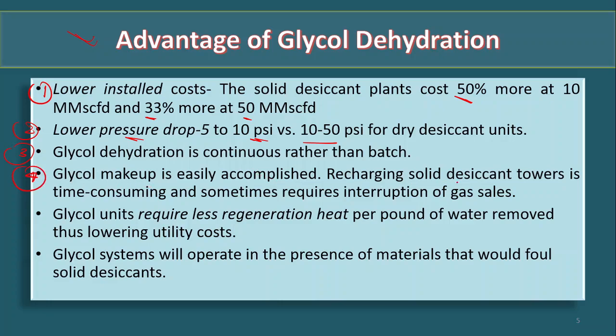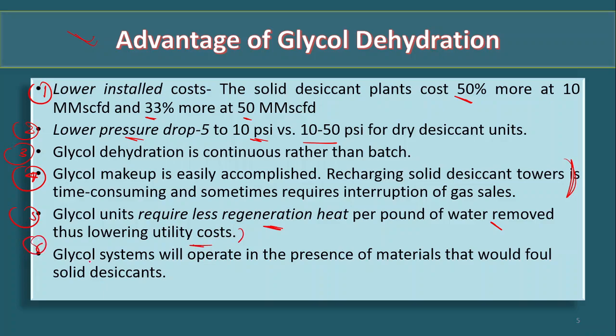Recharging the solid desiccant adsorption tower is time consuming and sometimes requires the interruption of the gas flow. But in the absorption process, it is very easy to make up the glycol requirement. And the fifth one is that glycol units require less regeneration heat per pound of water removed, thus lowering the utility cost also. So this is also one benefit.